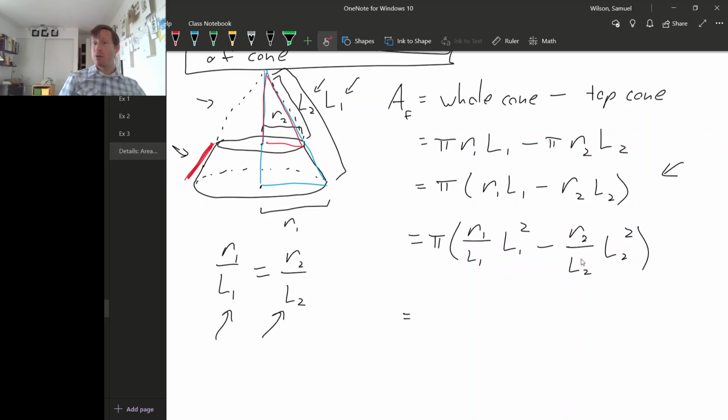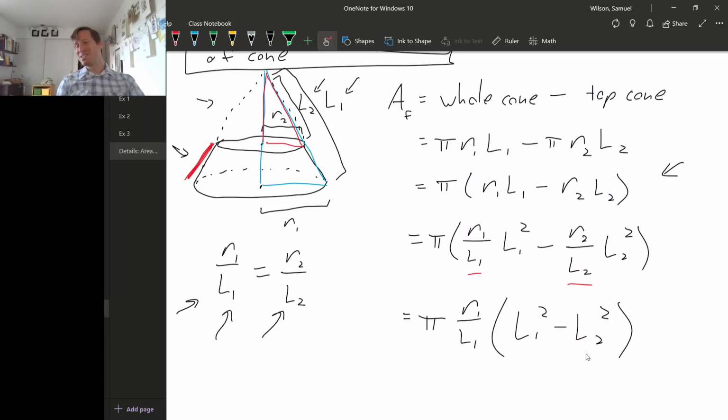And R1 over L1 and R2 over L2, remember those are equal. So these two pieces, here and here, are actually a common factor, so we can factor those out. They look different, but actually we know that they're equal because of similar triangles. Both of these are equal to R1 over L1, so I'll factor that out. And that leaves behind L1 squared minus L2 squared.